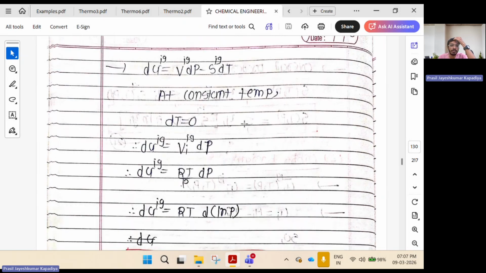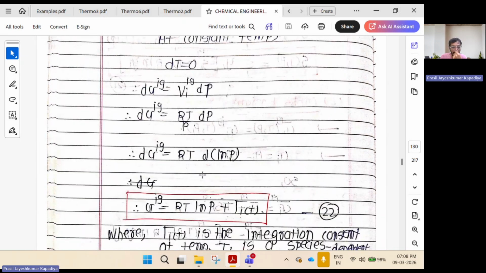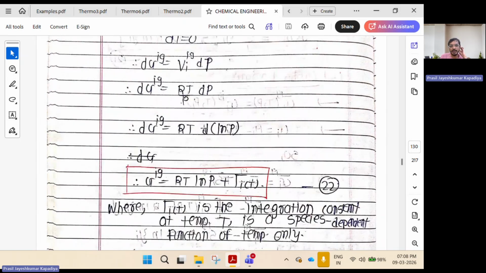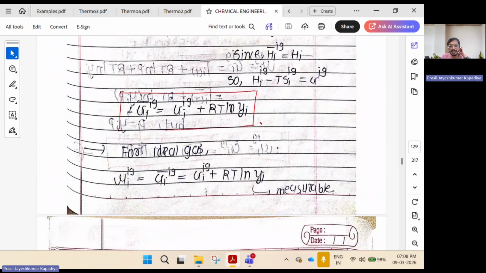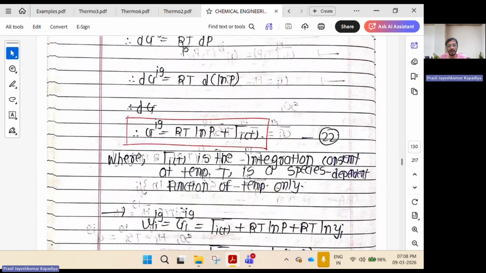So we have dG equals V dP. For an ideal gas, V is RT/P, so dG = RT dP/P, which is nothing but RT d(ln P). So how can we find this Gi ideal gas term? It is nothing but RT ln P plus some integration constant, which will depend on the particular temperature and the particular species.